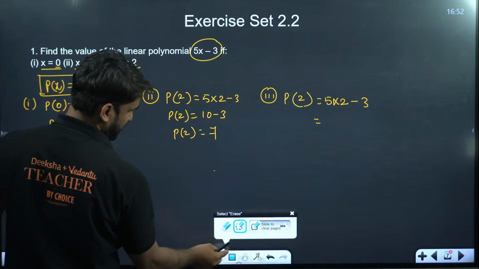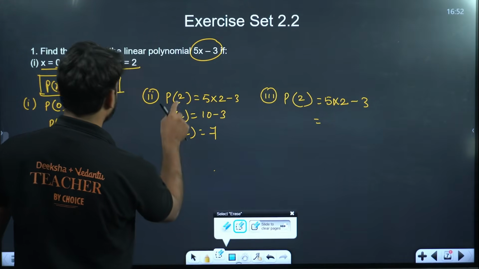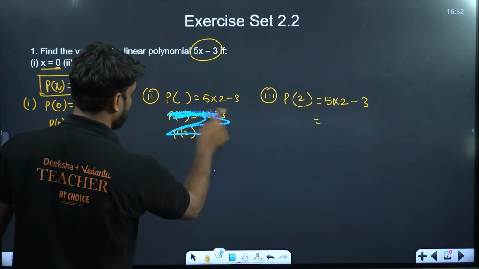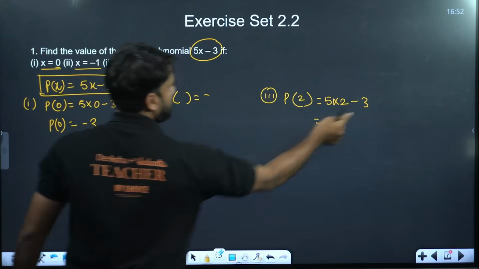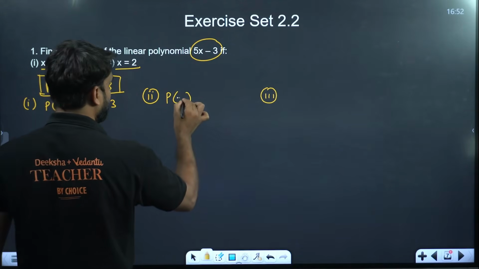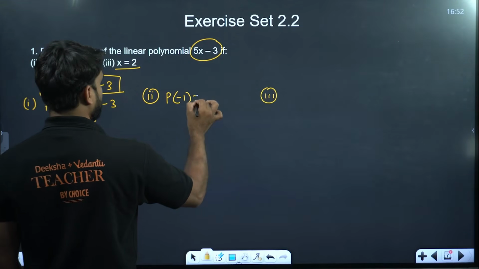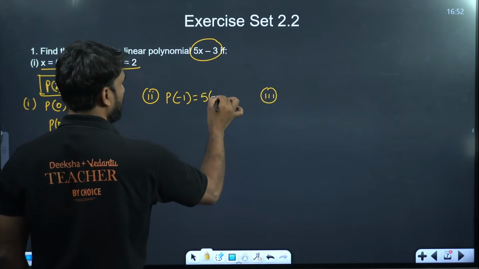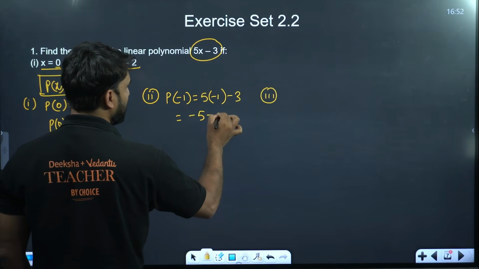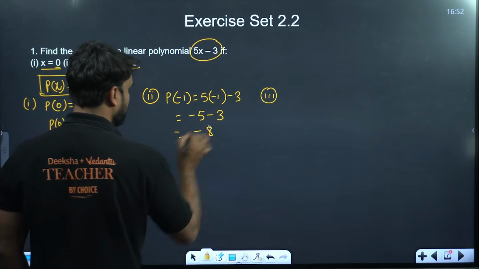So let's write minus 1 here. This was the second one, so minus 1 should be there. So x is minus 1, and the expression becomes 5 into minus 1 minus 3. Let's solve this: 5 into minus 1 is minus 5, minus 3. So the answer will be minus 8.